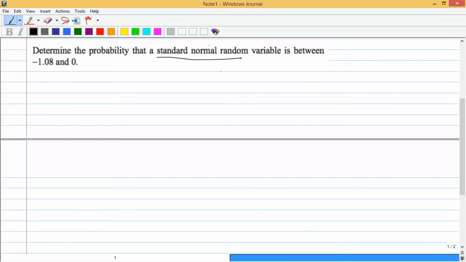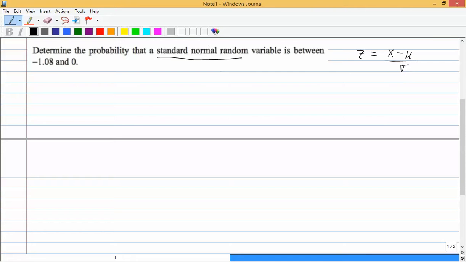So what that means is, even if we plugged it into the z-score formula, we would get negative 1.08 and we would get 0, because the z-score formula is x minus mu over sigma. So if you subtract nothing and you divide by 1, you're getting the same number.